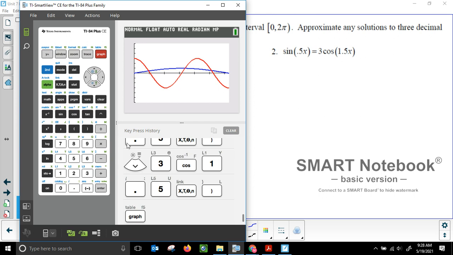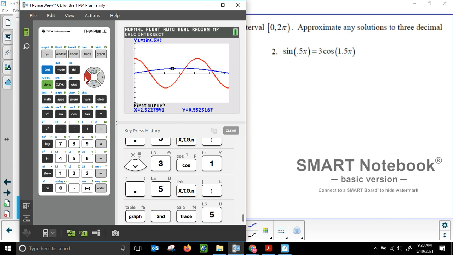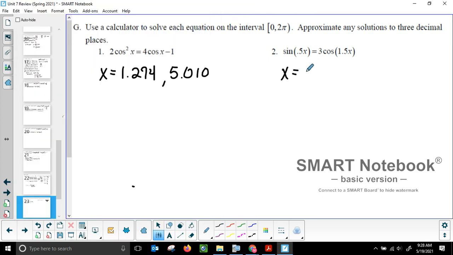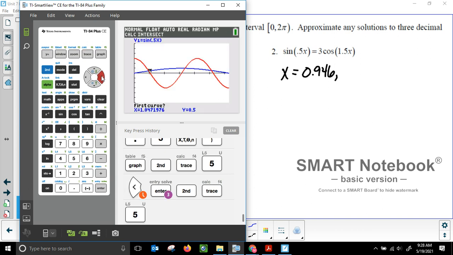Okay, so here we can second trace 5. I always go from left to right. Bam, bam, bam. All right, so 0.946. We can do it again. Second trace 5. 3.367.